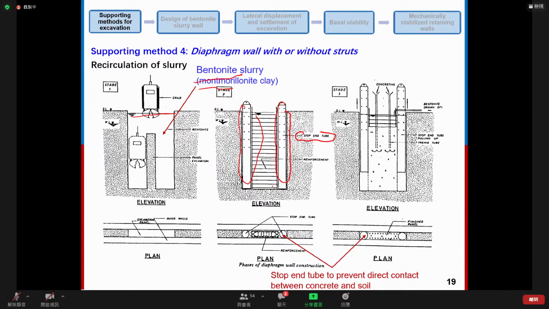The stop end tube is to prevent direct contact between the concrete and soil. We don't want the concrete to directly contact with soil, especially at the early stage. So this is why we install this kind of stop end tube during the construction.